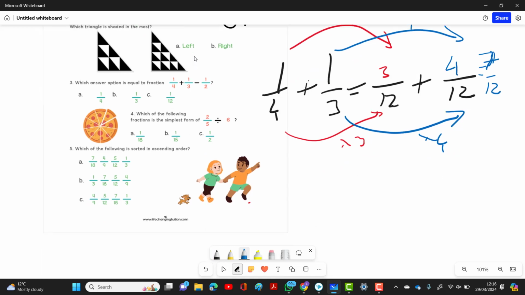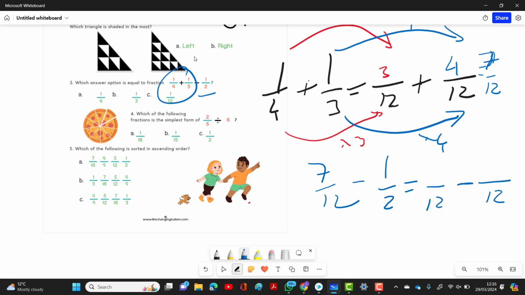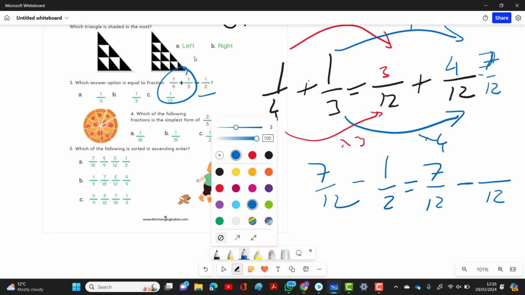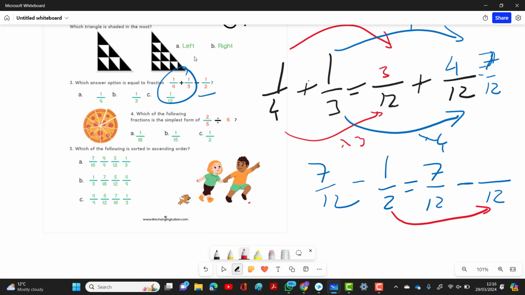And then we're going to do 7/12 take away a half, since we've done the first bit. Again, the bottoms aren't the same, so we've got to make them the same. Let's choose 12 as our bottom number. This one stays the same, and this is going to be times 6.